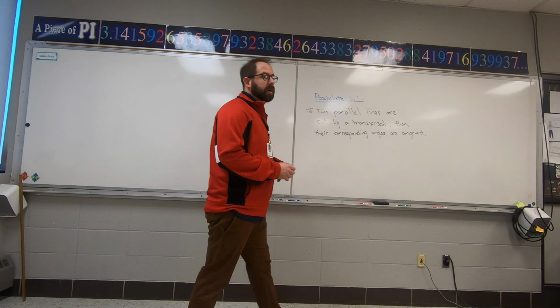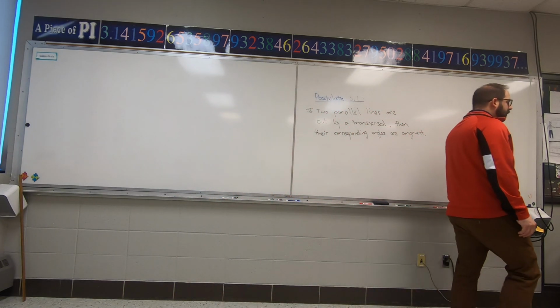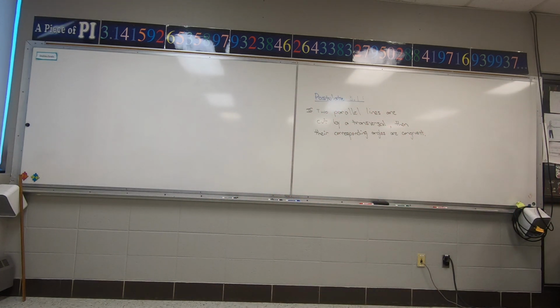So let's write this one down. We're going to draw it here in a second, but this is a postulate, right? We don't prove it. We take it for granted. I want to talk about why.